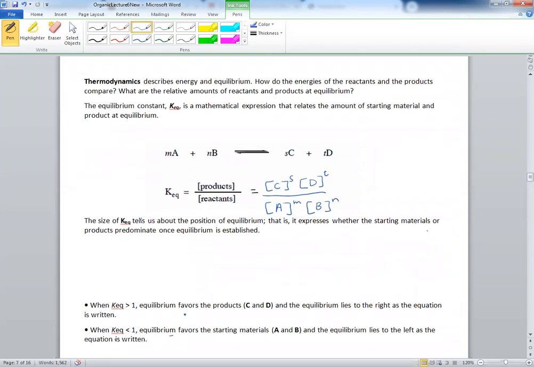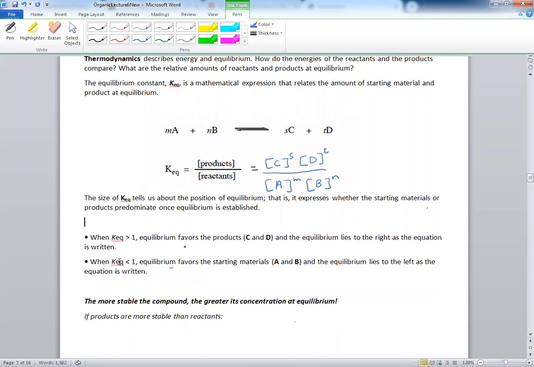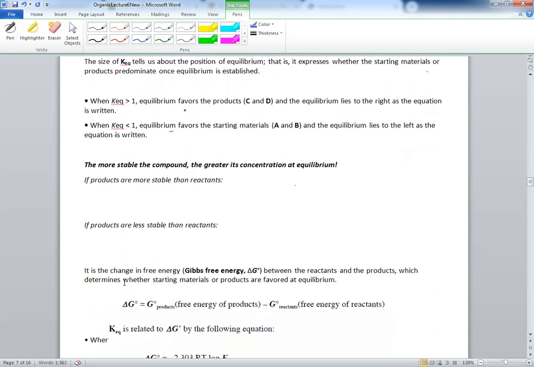Very well. So the size of the KEQ tells us the position of the equilibrium. That is, it expresses whether the starting materials or the products predominate once the equilibrium is established. So here are the important statements, and you can use numbers to verify that, by the way.